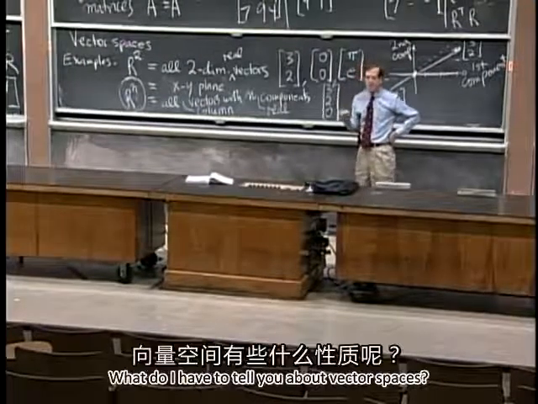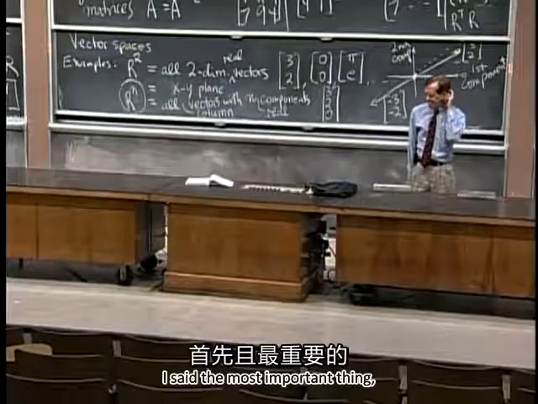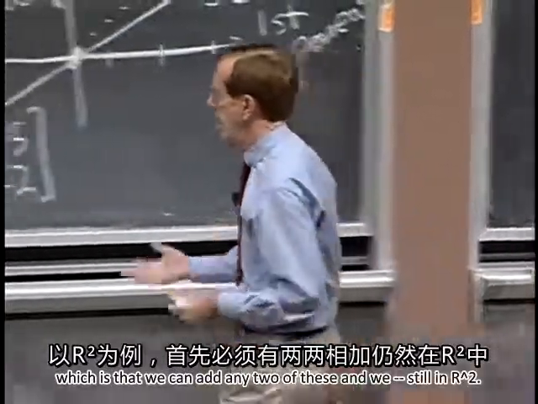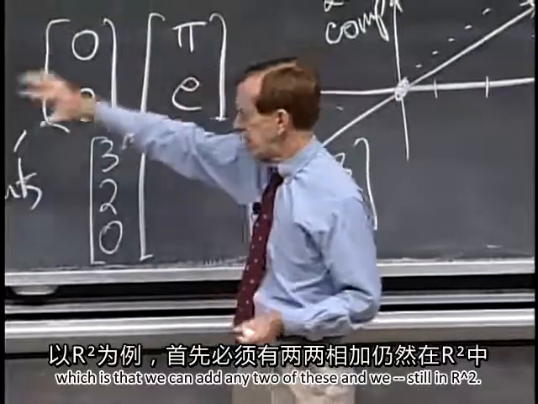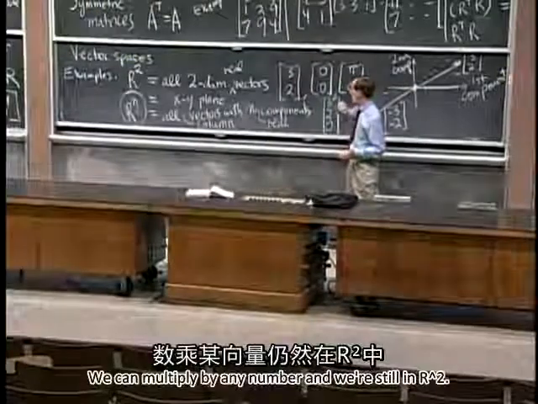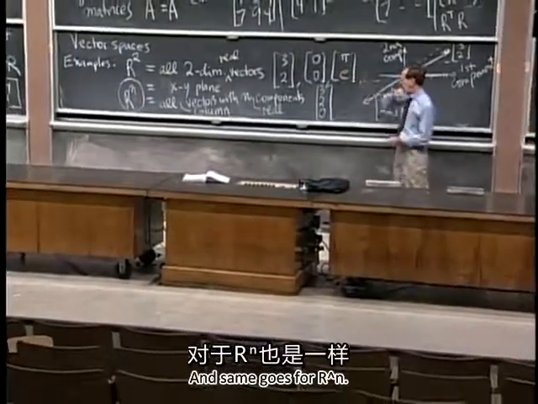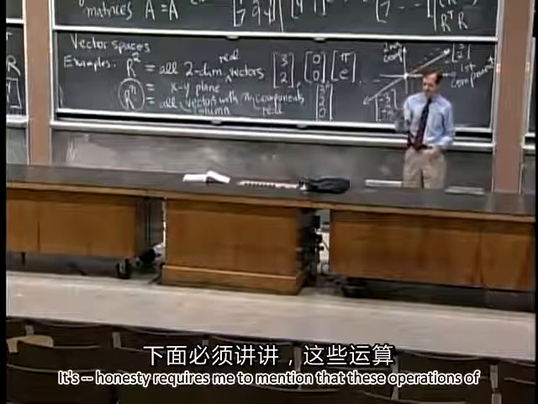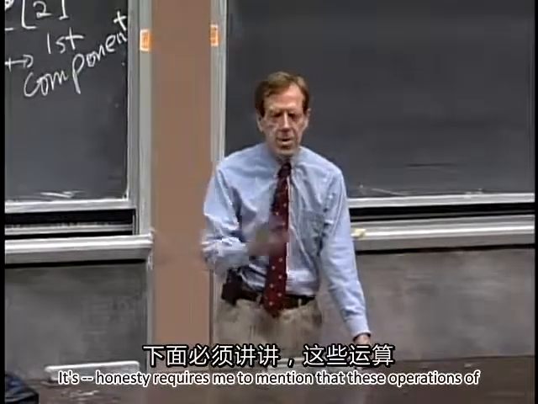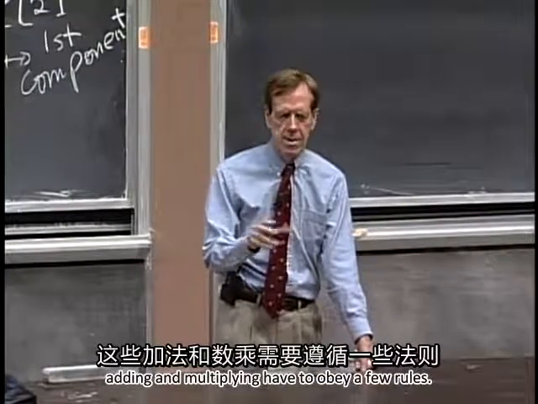Now, let's see. What do I have to tell you about vector spaces? I said the most important thing, which is that we can add any 2 of these and we're still in R2. We can multiply by any number and we're still in R2. We can take any combination and we're still in R2. And the same goes for Rn. Honesty requires me to mention that these operations of adding and multiplying have to obey a few rules.